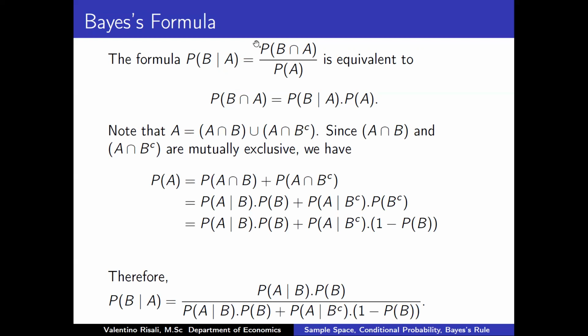Recall from the previous discussion, this formula is equal to this equation, and then note that A can be written as the union of these two sets. You can use a Venn diagram to illustrate it, and then we also have that they are mutually exclusive.